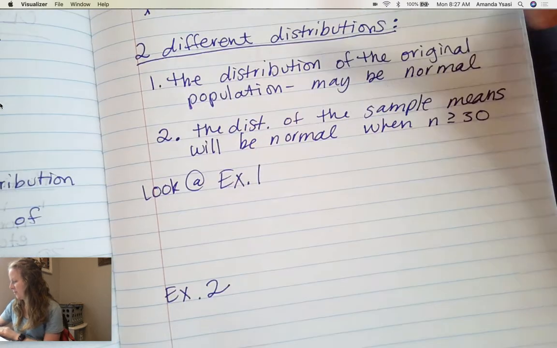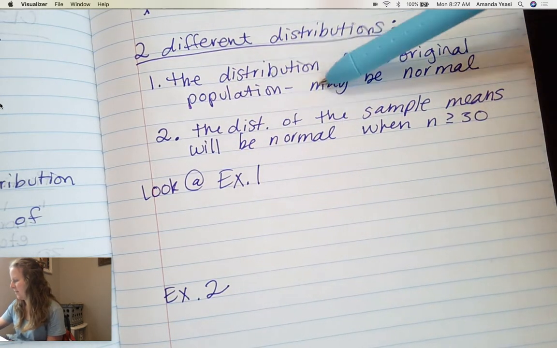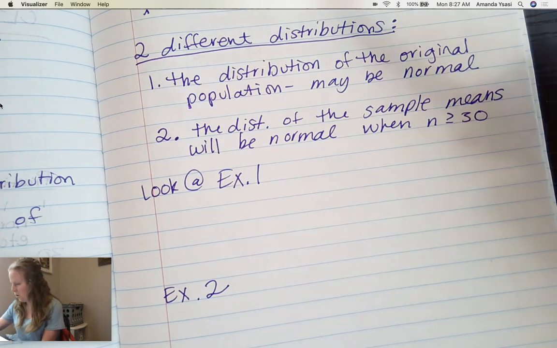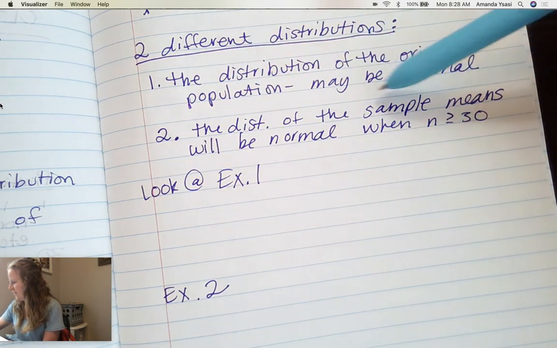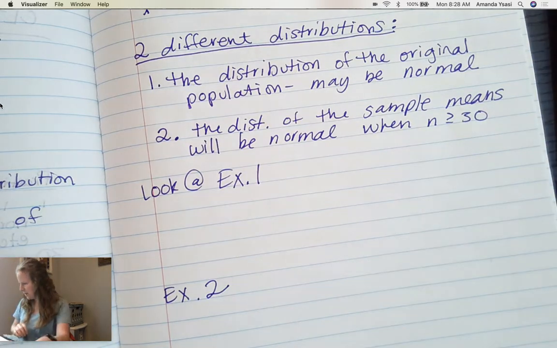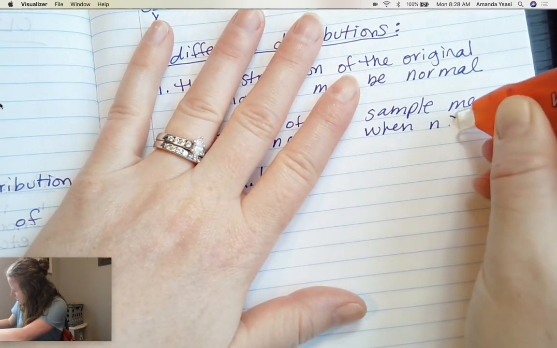There are two different distributions. One of them is the distribution of the original population, which may be normally distributed. Or the distribution of the sample means will be normal when n is greater than 30, not greater than or equal to.